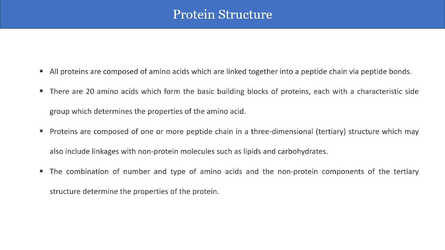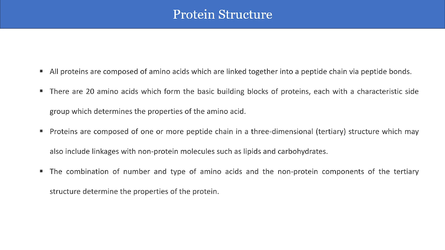All of this can be understood from the structure of the amino acid and determined from the side chains. Proteins are composed of one or more peptide chains in a three-dimensional structure, which includes linkages with non-protein molecules such as lipids and carbohydrates.